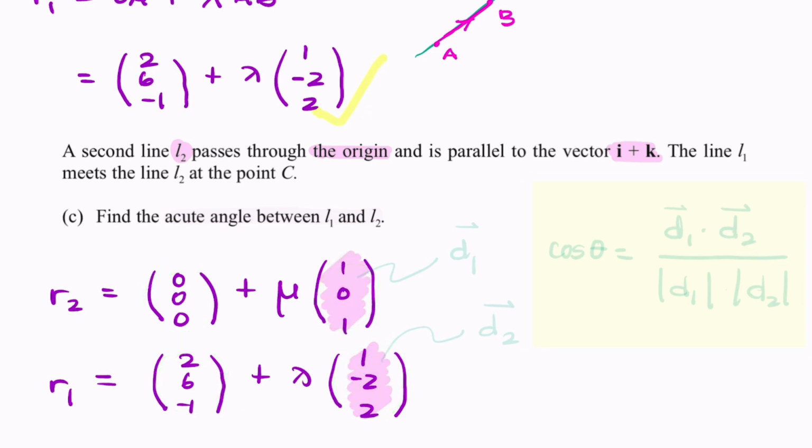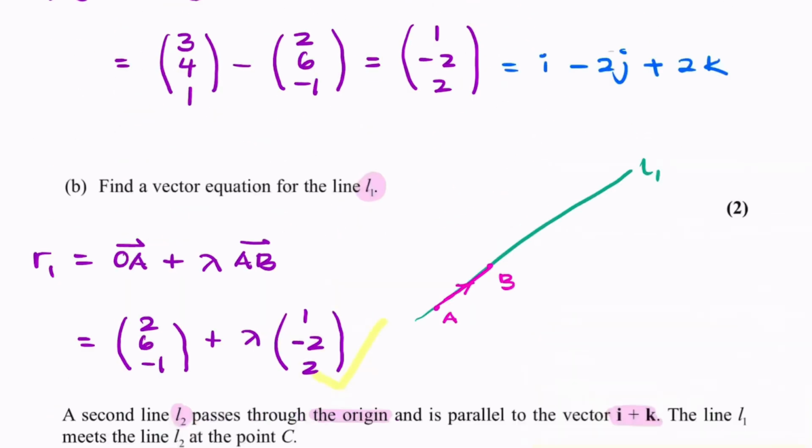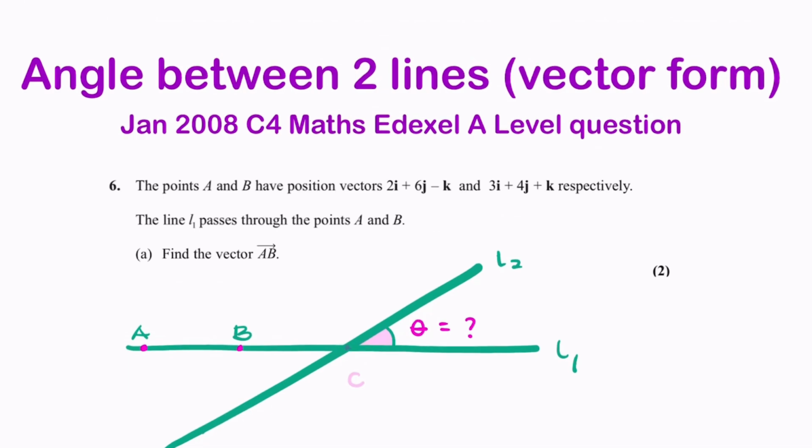So when they say find the angle between L1 and L2, what we're actually finding is the angle between the two directions. Now, there is a formula for that. Let's first label this direction. Let's call it something like D1, direction 1, and this is the direction of line 2. So the angle between the two lines is the angle between the two directions.